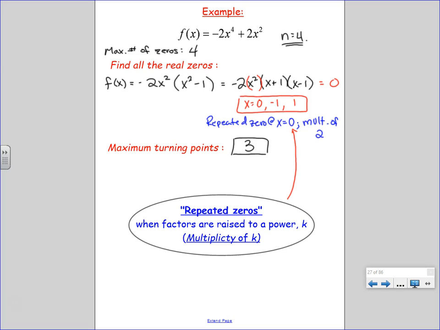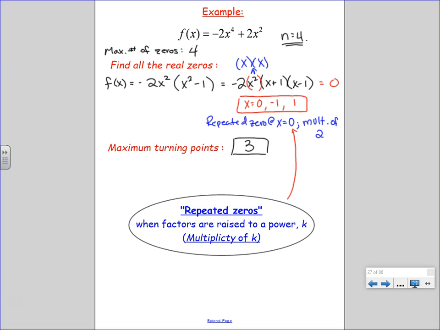I could technically make this x times x, and I could have 2 separate factors. The quartic can have up to 4 factors because x times x times x times x is x to the 4. It can have up to 4 factors, but what's true about this one? It's repeated. So both of them have the same answer, multiplicity of 2. There's a double 0 at 0.